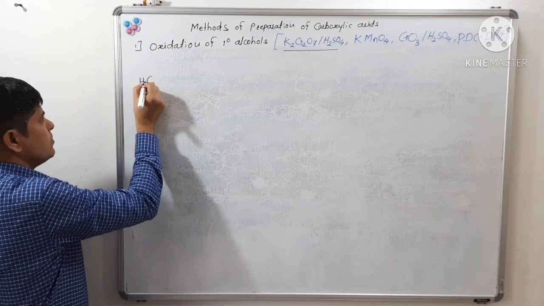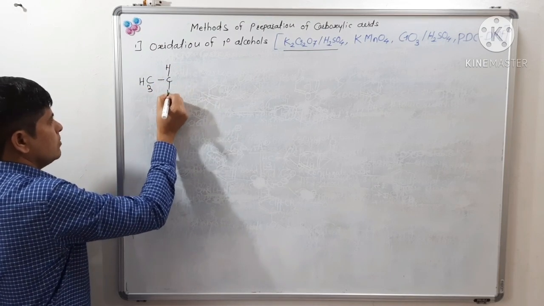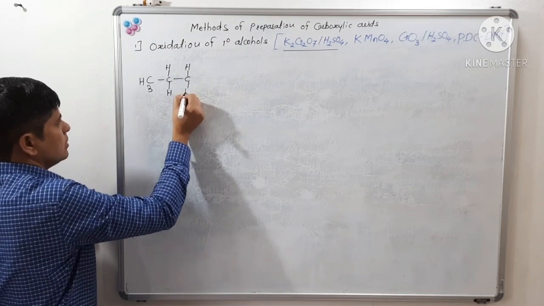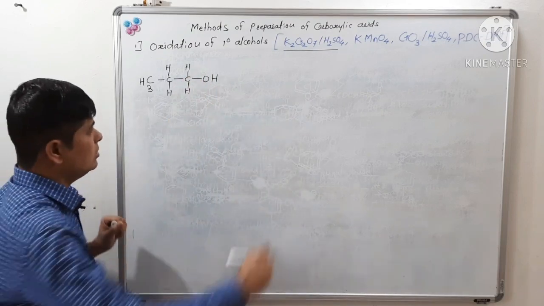Here we are going to see oxidation of a primary alcohol, N-propanol, that is N-propyl alcohol.